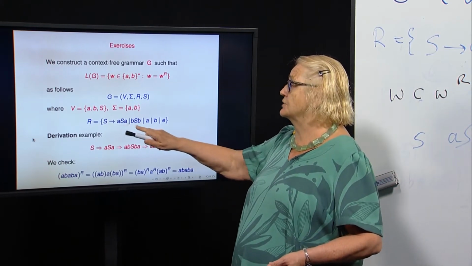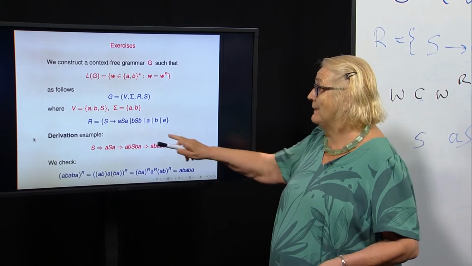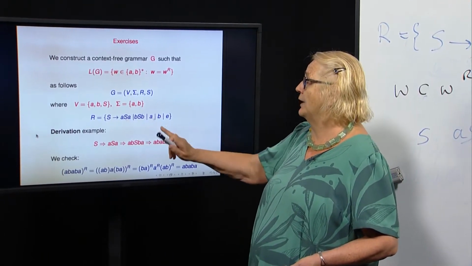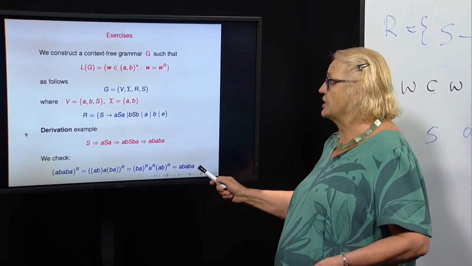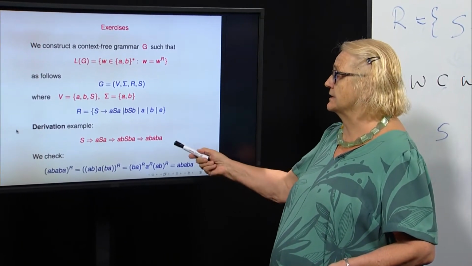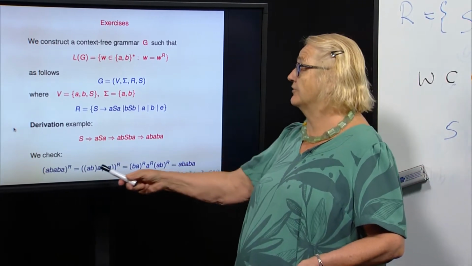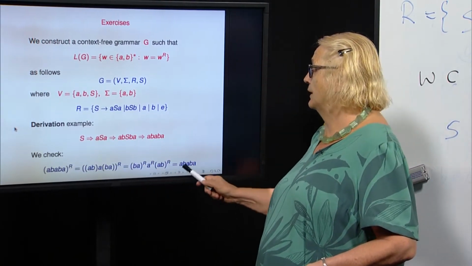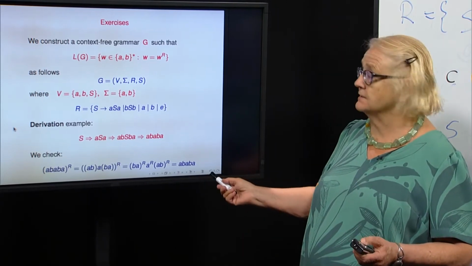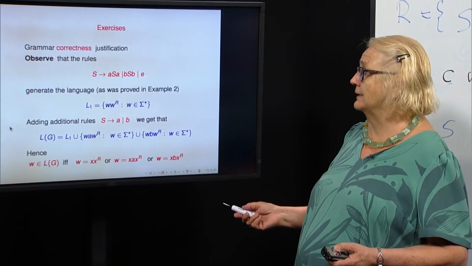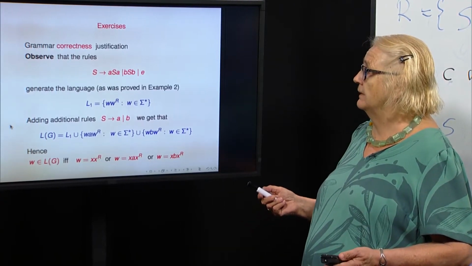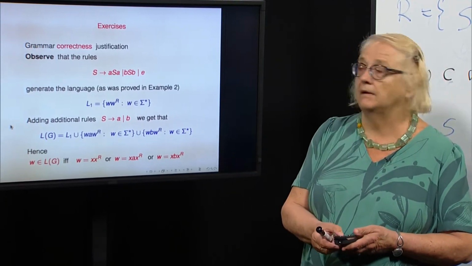So again, you start with the W W reverse rules, but now in the middle you put A or B or E. And you can check, this is an example, that when you reverse the word produced, you get the same word. And again, this you need to prove by mathematical induction over the length of derivation.